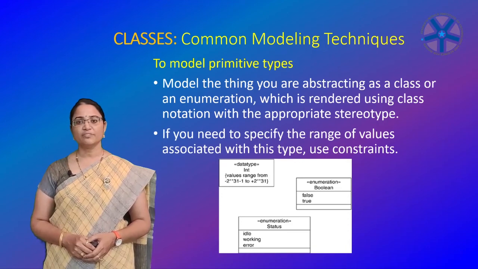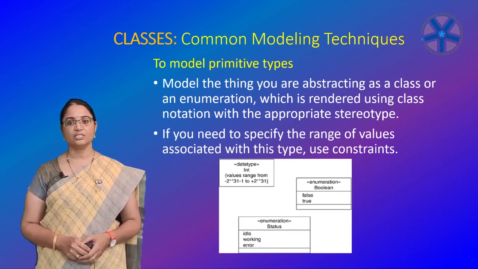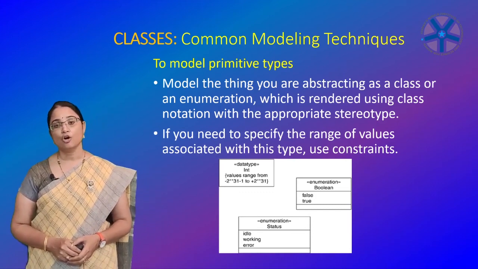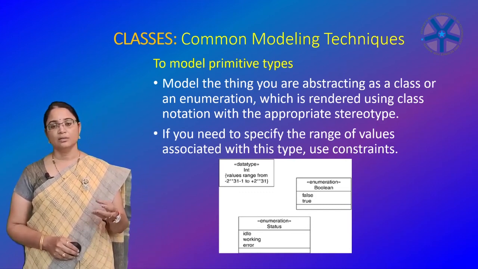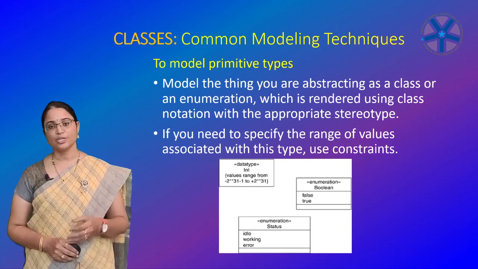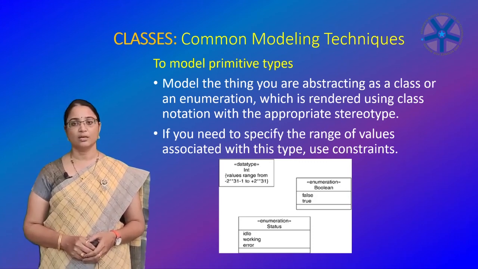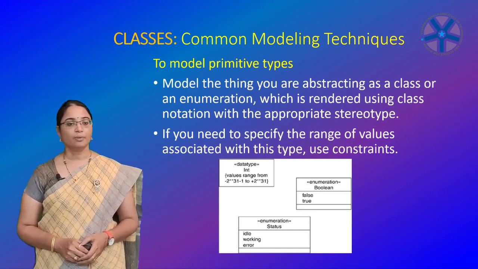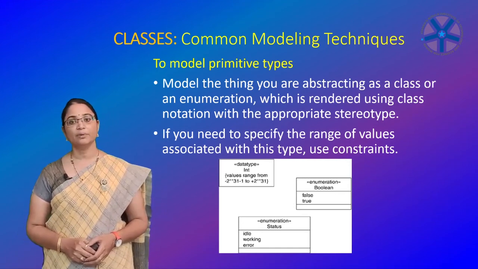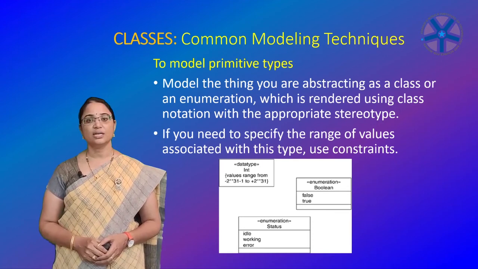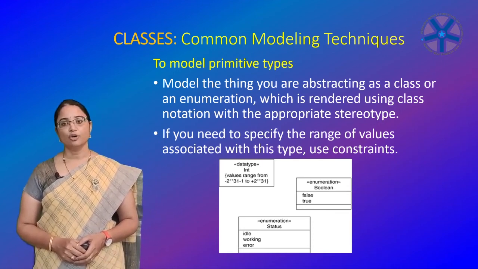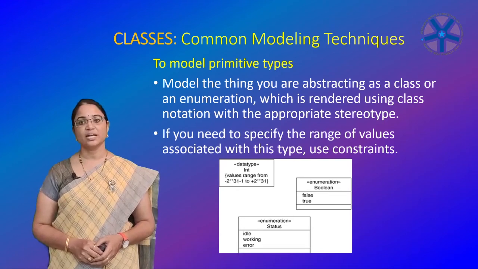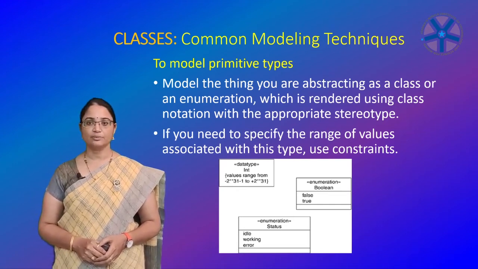By using these elements, you can represent the primitive types also. If you need to specify the range of values associated with this type, you can use constraints, as we have seen in the common mechanisms: stereotypes, tagged values and constraints. By using these constraints, you can specify the range of the values associated with it. From the figure in the PPT, you can see that these things can be modeled in the UML as types or enumerations, which are rendered just like classes, but are explicitly marked via stereotypes.